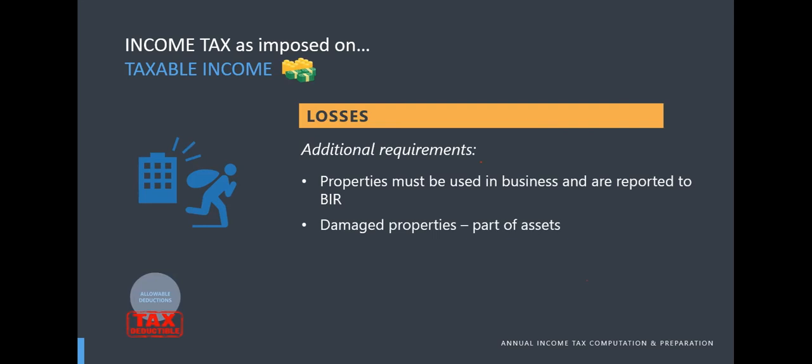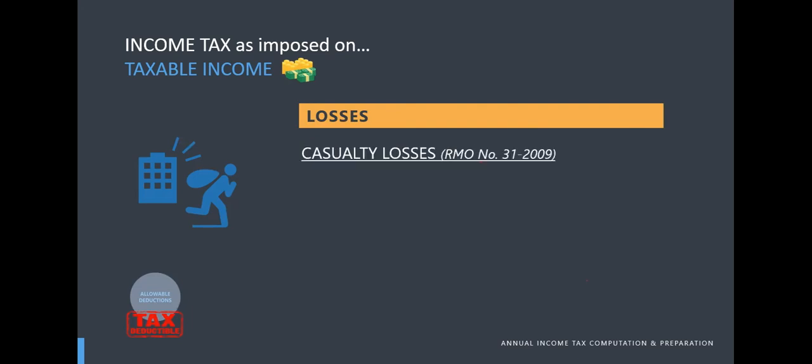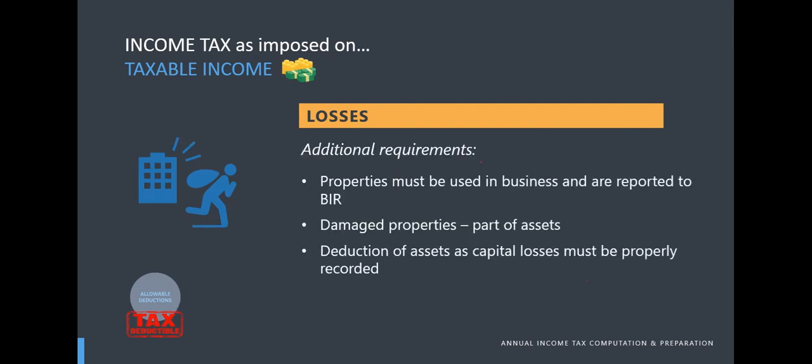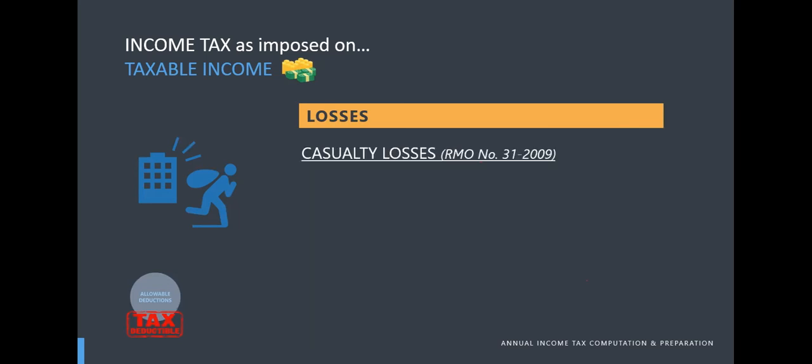Damaged properties must be part of the assets in the financial records of the taxpayer. Next, deduction of assets as capital assets must be properly recorded. So those are the additional requirements that must be put into consideration by the taxpayer.